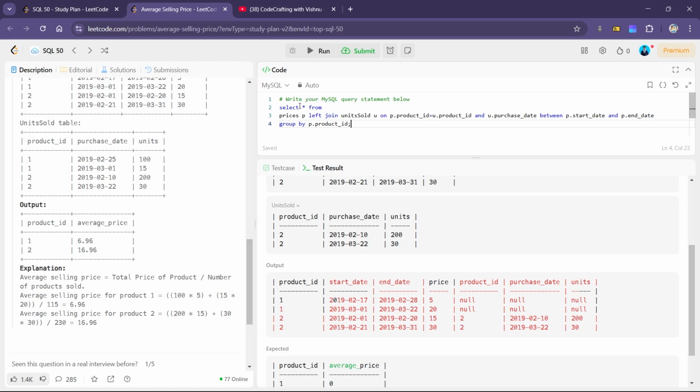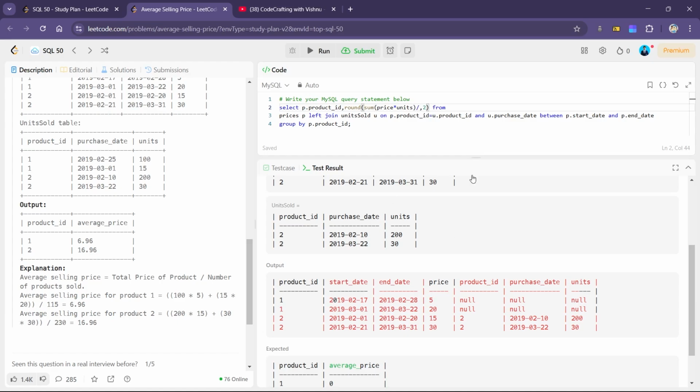Now when these two entries are merged, we want to select product ID and, rounding the result to 2 decimal places, this is the result. So the result will be the sum of all the price multiplied by units. Price comes from the first table, this one, and units come from the second table, this one.